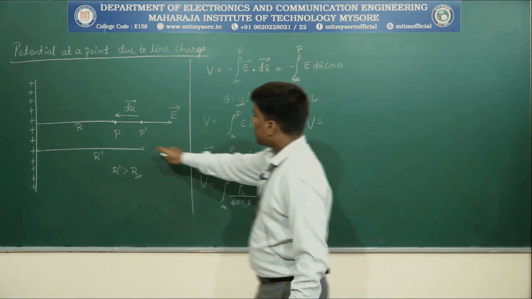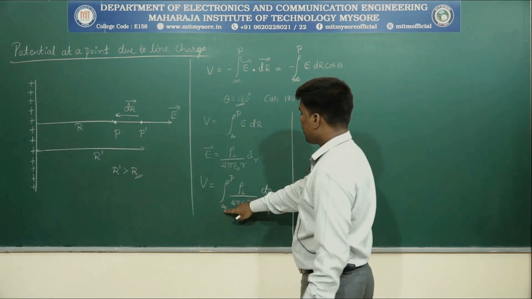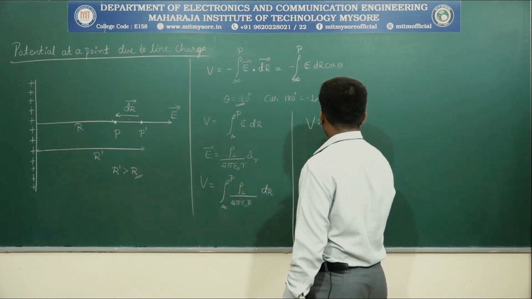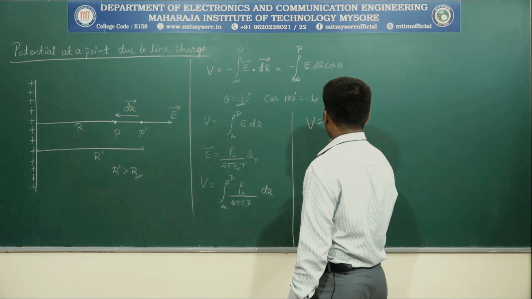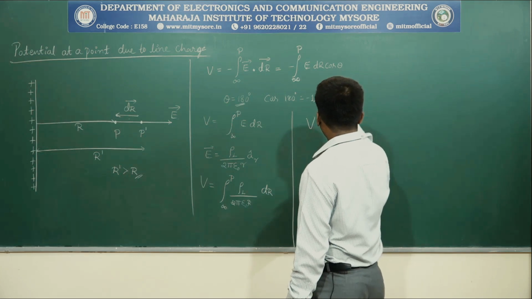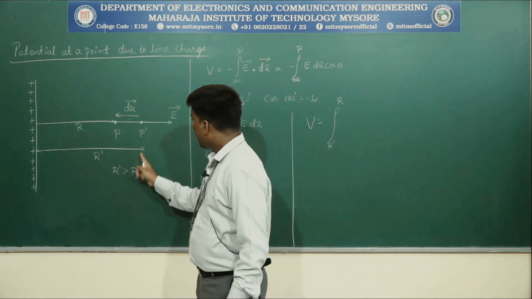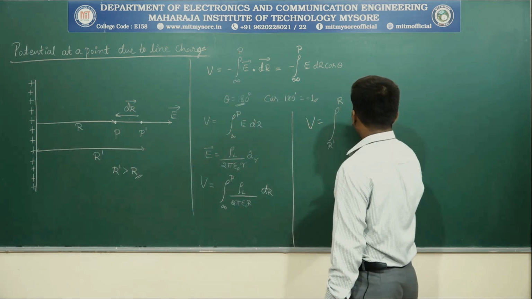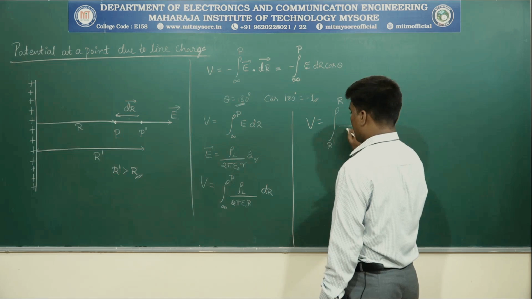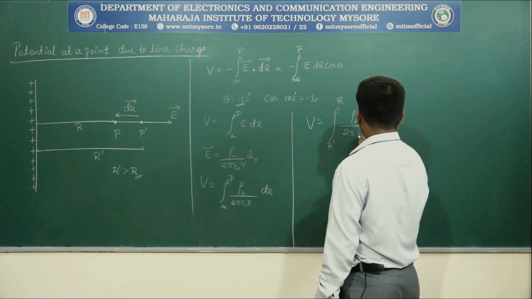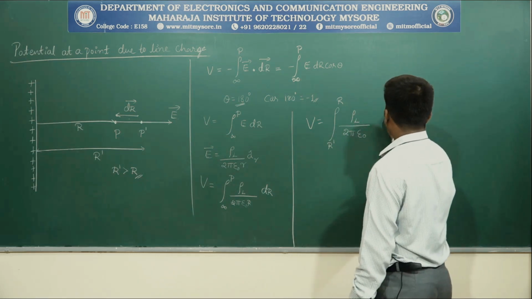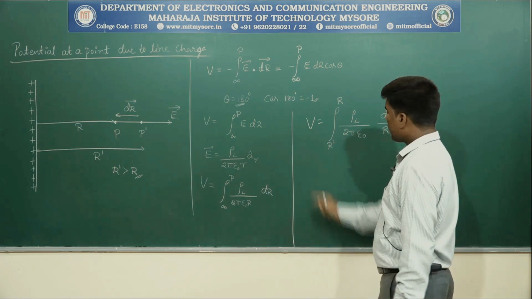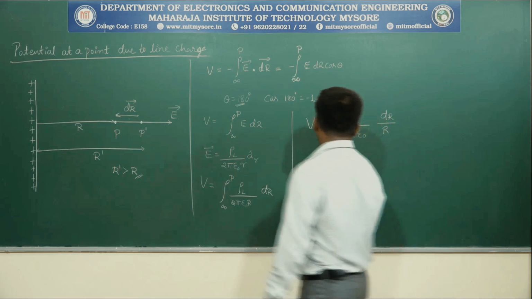With respect to this assumption, we cannot move a charge from infinity to P. Instead, we are moving this charge from R dash to R. So the equation is rewritten as rho L divided by 2 pi epsilon naught into dr divided by R.